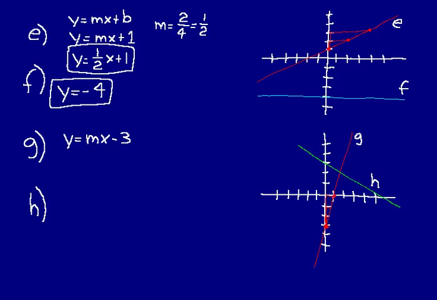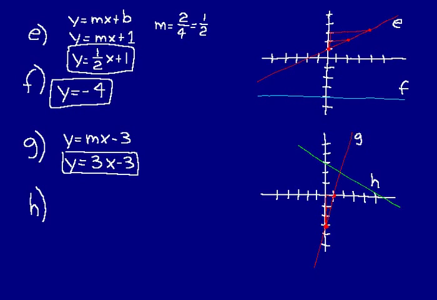And so there's our slope, 3 over 1. And so let's go ahead and write that into our equation of a line. And so y is equal to 3 over 1, that's our change in y over change in x, or just a positive 3, times x minus 3. Now we know that slope is positive because it's going uphill from left to right. And so that's correct to write it as a positive 3.